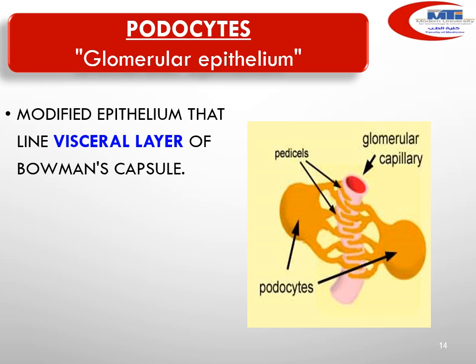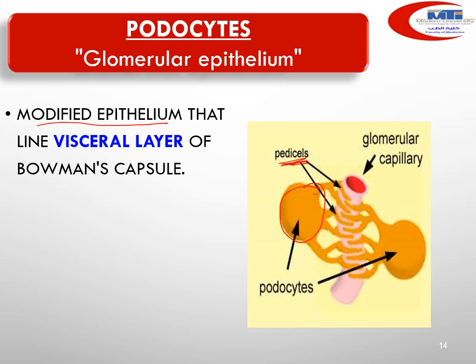For the podocytes, they are modified epithelial cells. They should be simple squamous epithelium like the parietal part of the Bowman's capsule, but they change and form something else. They form a structure that has pedicles or processes.